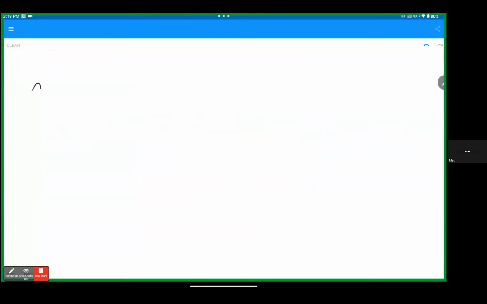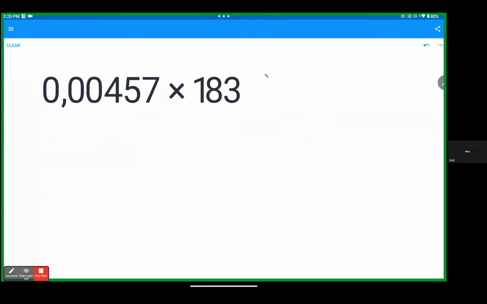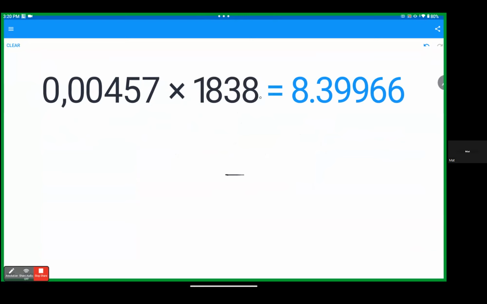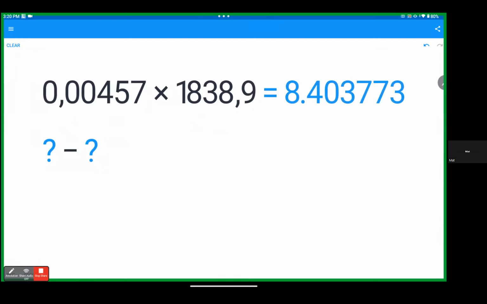With 0.00457 multiplied by 1838.9. Okay.